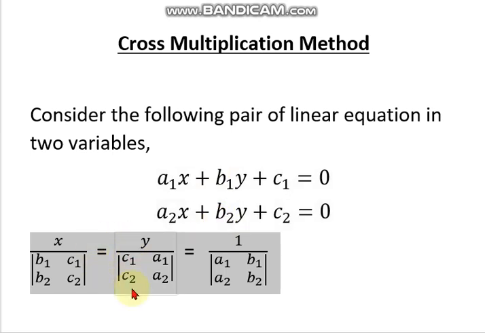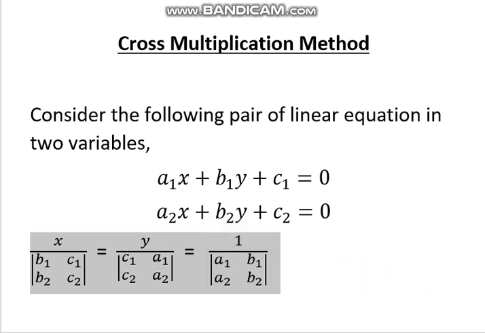So c1 a1, c2 a2. You can remember that here we are stopping at c1 and c2, and in y upon we are starting with c1 and c2, and here a1 b1, a2 b2. Equals to 1 upon a1 b1, a2 b2. Here you can observe that we have not taken the constant terms c1 and c2. Why? Because we are considering here one constant, that is 1.